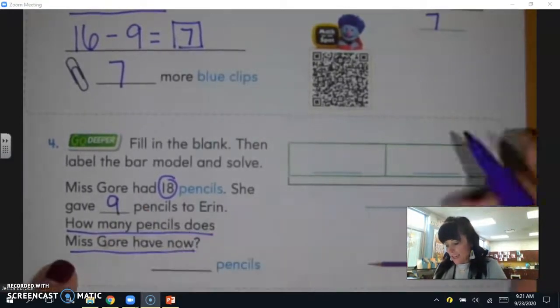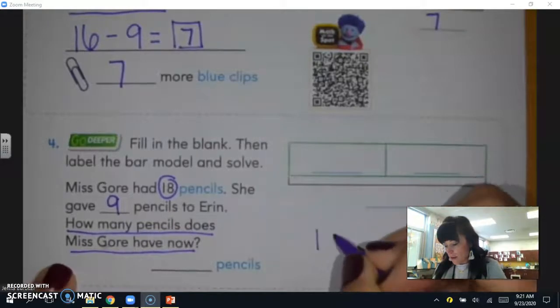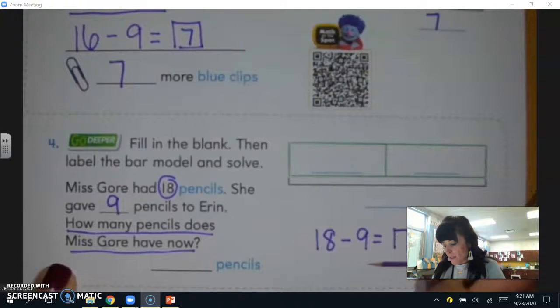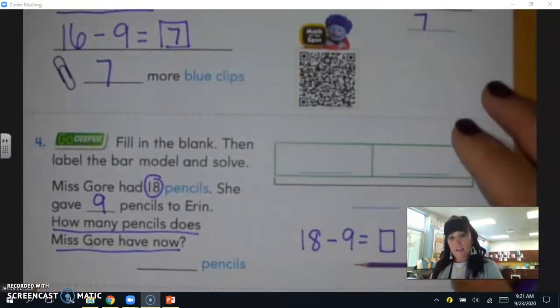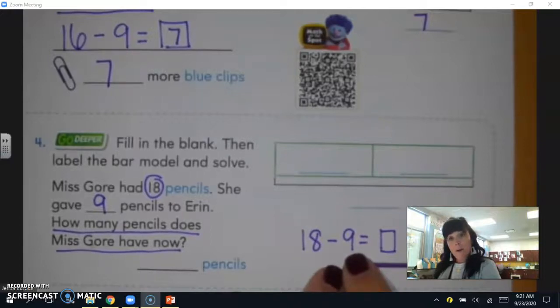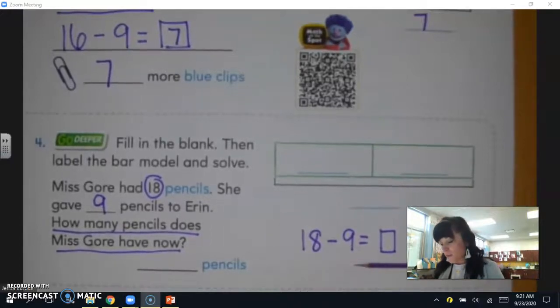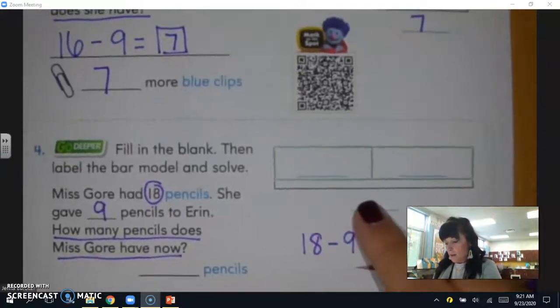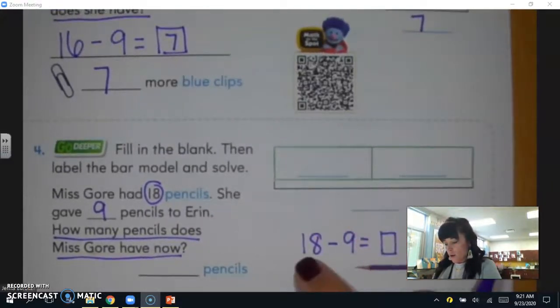So, Miss Score had 18 pencils, and then I'm going to say that she gave 9 away. So I'm going to be doing 18 minus 9 equals box. If you chose a different number, instead of putting 9 here, you'll put your number, okay? All right, and I'm going to fill in this bar model. So this 18 is my big number.